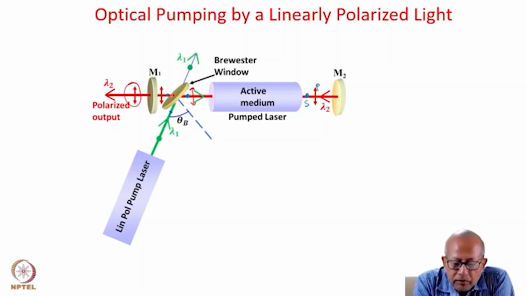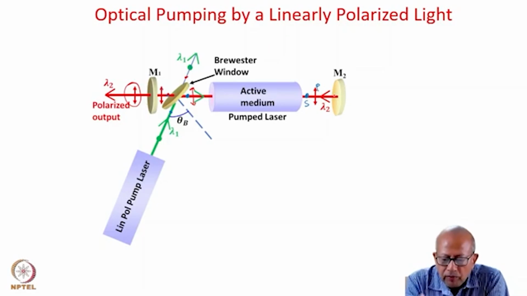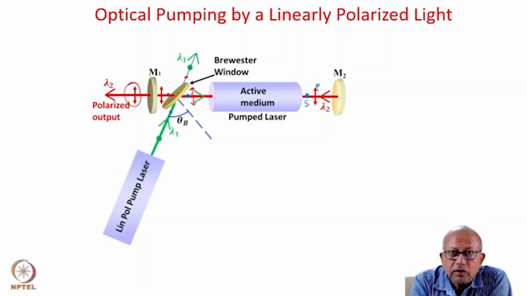And when this light returns to this Brewster plate after reflection on the output mirror, again part of the S polarized light will be reflected. However, the P polarized light will be totally transmitted. So soon, the light that builds up inside the cavity will be enriched in P polarization.